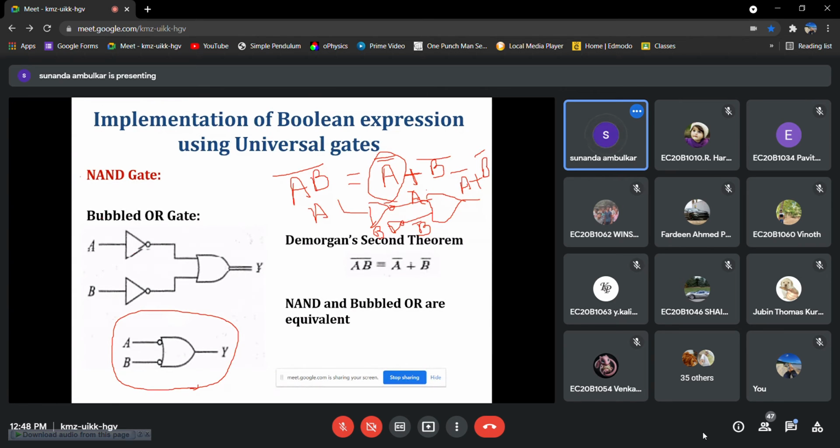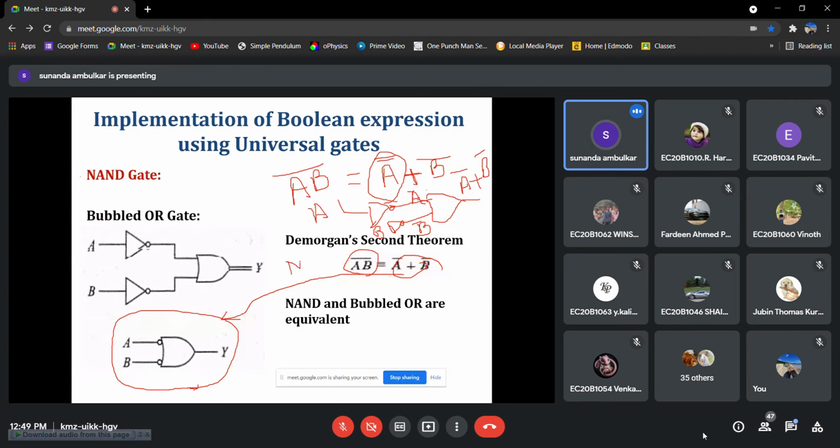So just like the bubbled AND, this is equivalent to bubbled OR, and this is equivalent to NOR. So we can replace them with each other. If we see any kind of gate with the bubbled OR, we can replace that bubbled OR gate with the NAND gate.